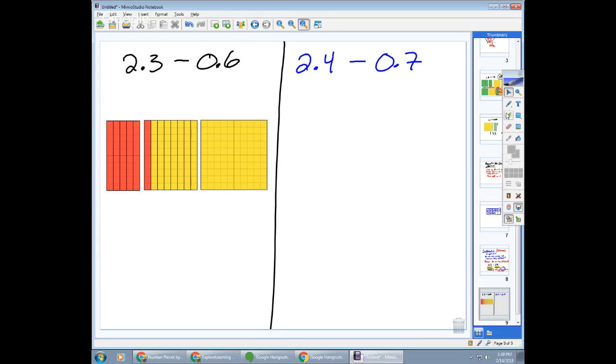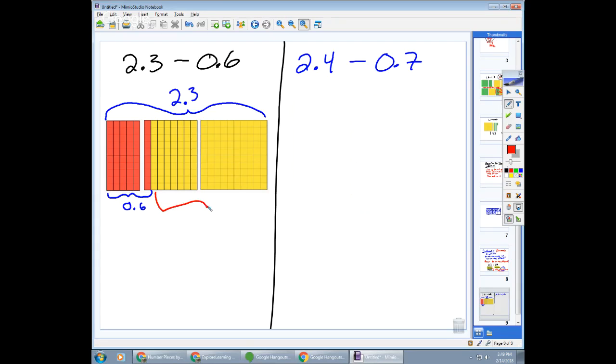Okay. All right, so what do we got here? We started off with 2 and 3 tenths. And we compared that to 6 tenths.